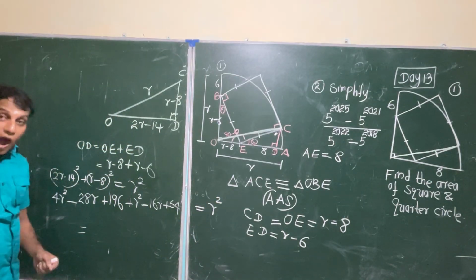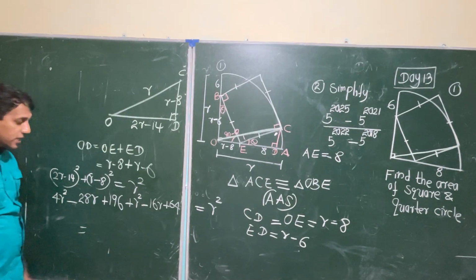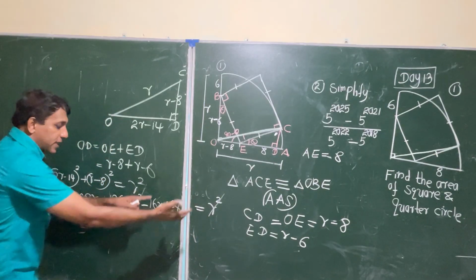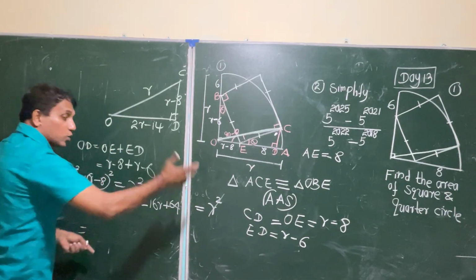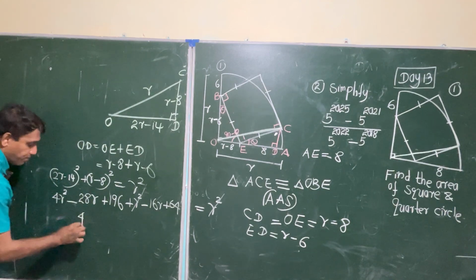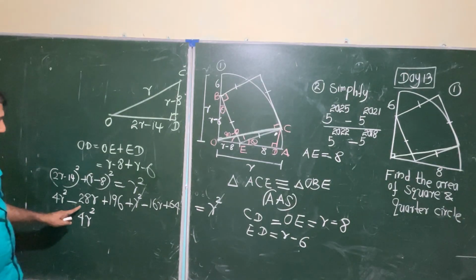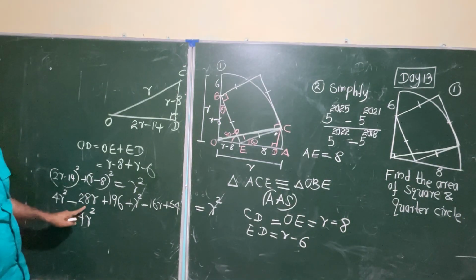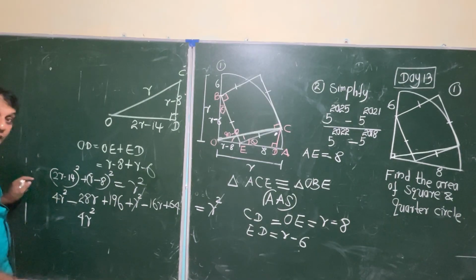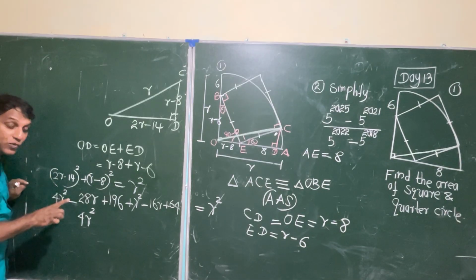Now from here try to find R. Here the R squared cancels, R squared minus R squared is 0. Therefore 4R squared, minus 56R, minus 16R, which is minus 72R.